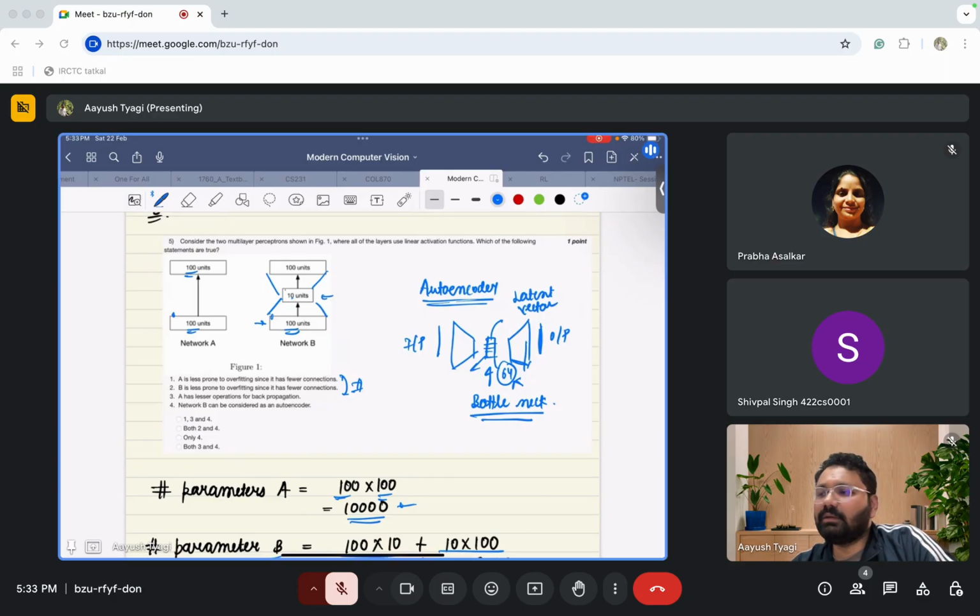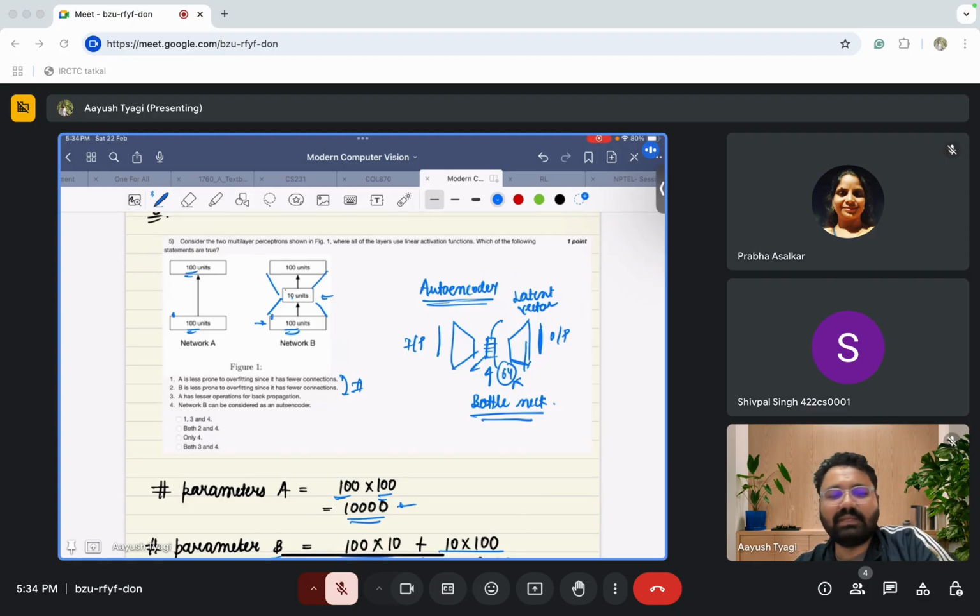There are papers which talk about what the optimal size of the latent vector should be, but whenever you are training, you generally do it heuristically: you start with something smaller, and if the model is not able to capture the complexity of the data, you keep increasing the latent layer. So there is no direct way of saying what the optimal size of the latent layer should be.